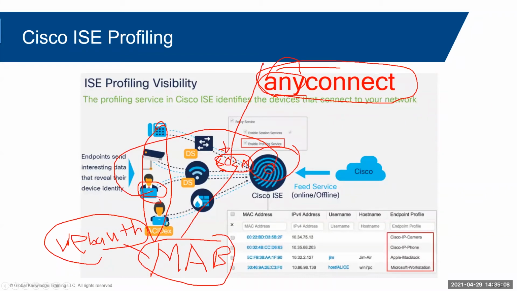So, Rob, on your question, next best answer is web auth. Web auth means web authentication with a web portal in ISE. 802.1x best, web auth second best, MAB way down there is our third best, or none of the above.